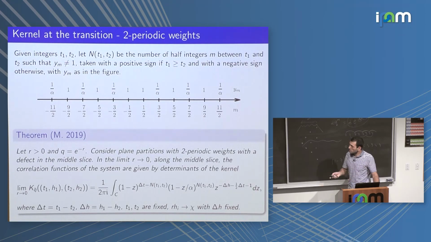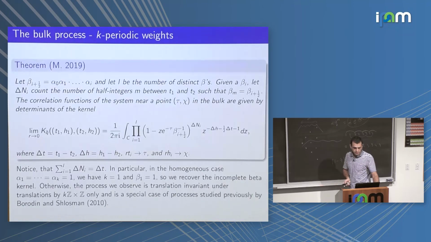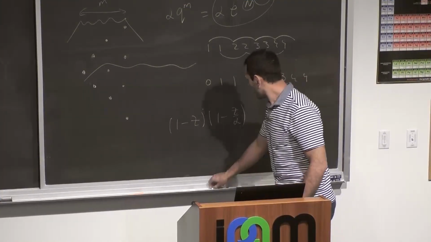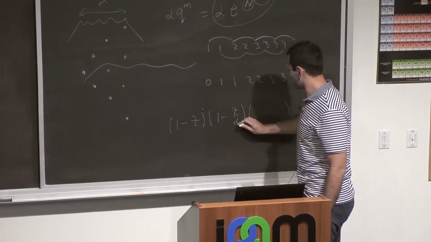So this is what you see at the middle slice, and you can study k-periodic weights in this model where you're just putting this extra damping factor on the middle slice, and you get in the bulk again the trinomial point process with this kernel, where this factor 1 minus z has now broken up into a product of k different factors.